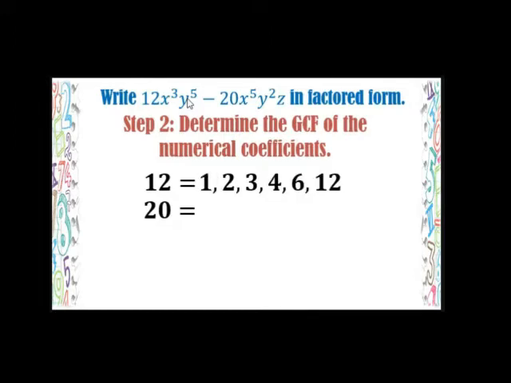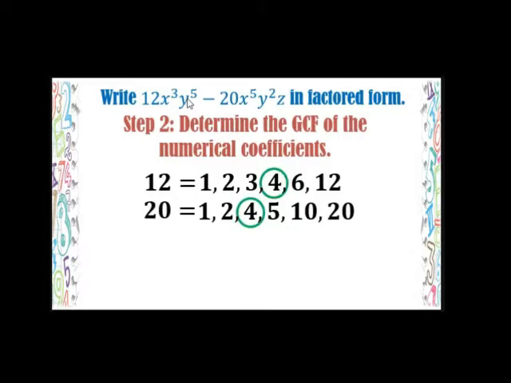So starting from 1 up to the given number. What numbers are exactly divisible by 12? So we have 1, 2, 3, 4, 6, and 12. For 20, you can divide it exactly by 1, 2, 4, 5, 10, and 20.